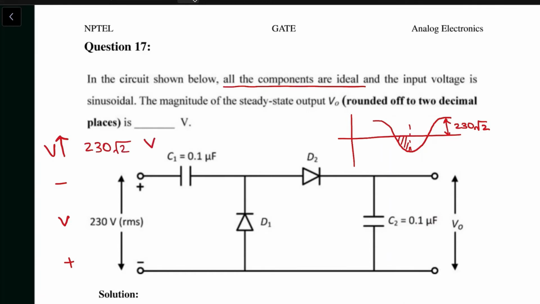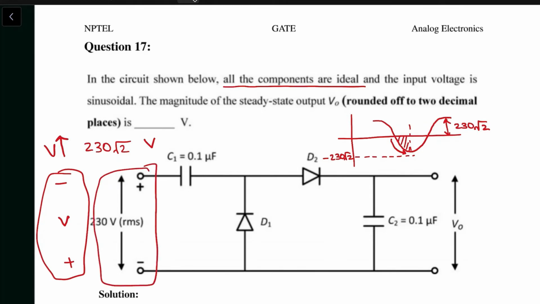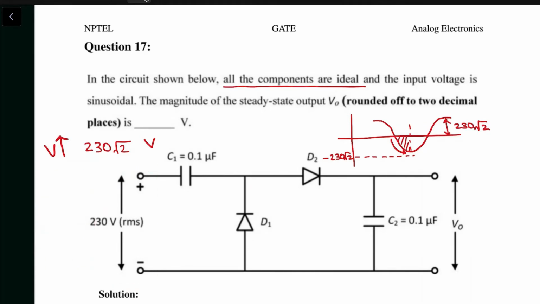So this will be V heading to a magnitude of 230 root 2, and of course since the polarity of V is opposite to the input polarity, actually the input voltage is falling to minus 230 root 2 volts.